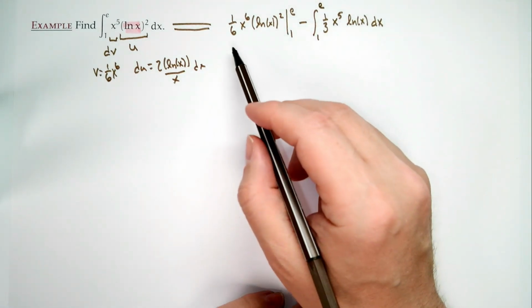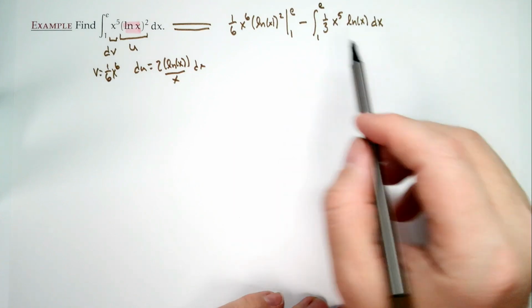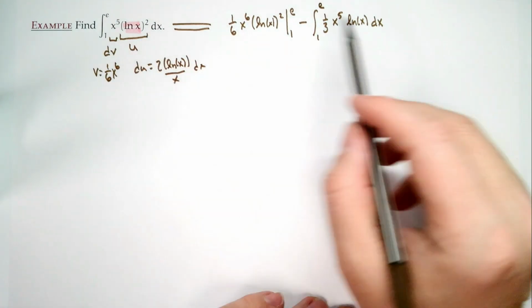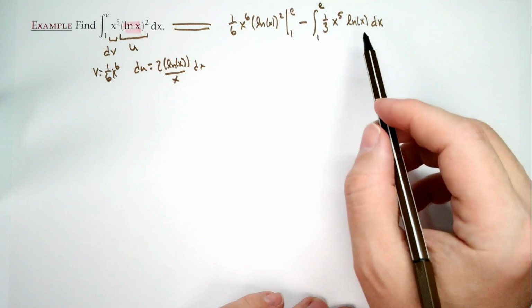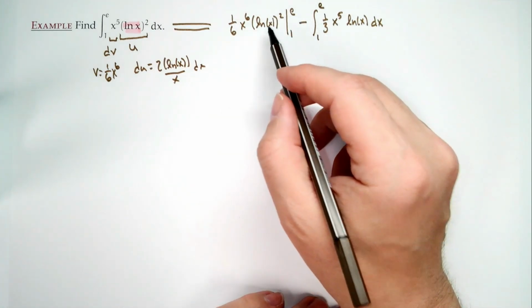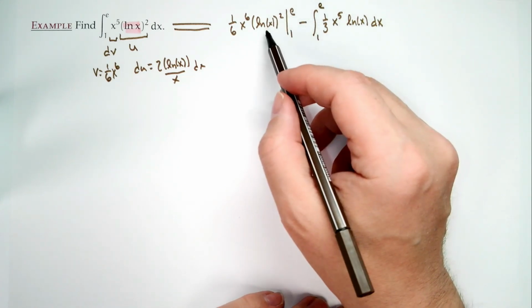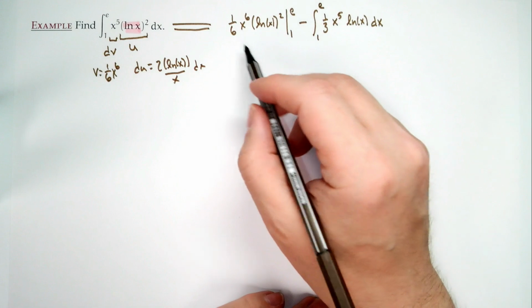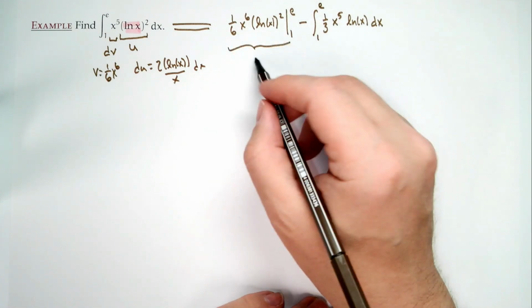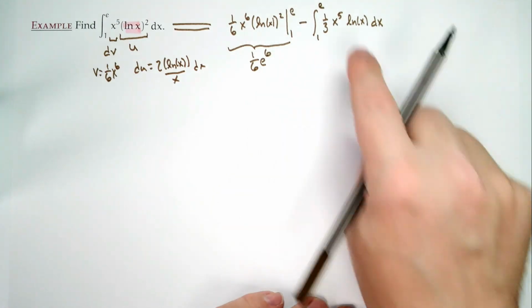All right, so before we do our next piece, this also looks good for integration by parts, and it should work better because we've simplified it. It's a simpler expression. Over here, if you plug in 1, log of 1 is 0. Plug in e, log of e is 1. It's nice. So what do we end up with? Well, this is going to evaluate to 1/6 e to the 6.